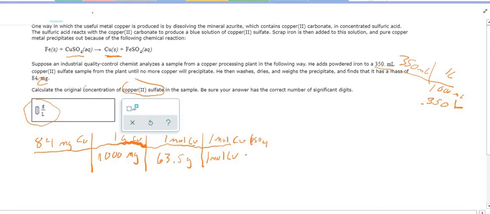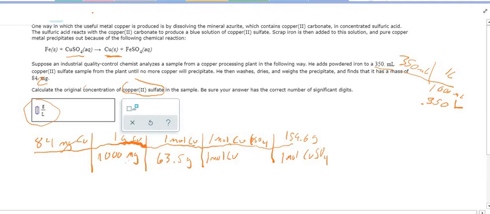I don't need a parenthesis. Now I will need grams of copper(II) sulfate. In 1 mole of copper(II) sulfate there are 159.6 grams.